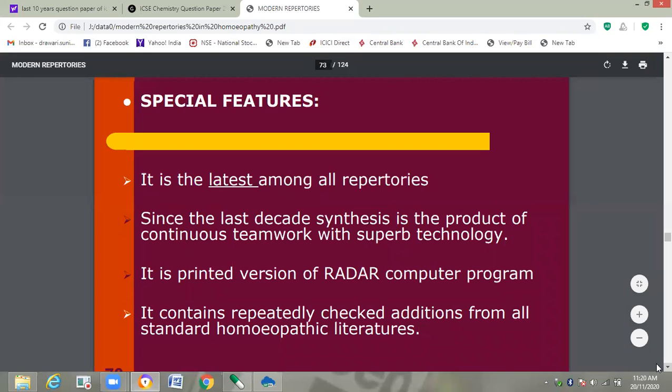The rubrics follow a clearly readable symptom format. We can easily understand the rubric. It has corrected sentences, combined modalities, merged similar rubrics, new rubrics, and revised language of the repertory.